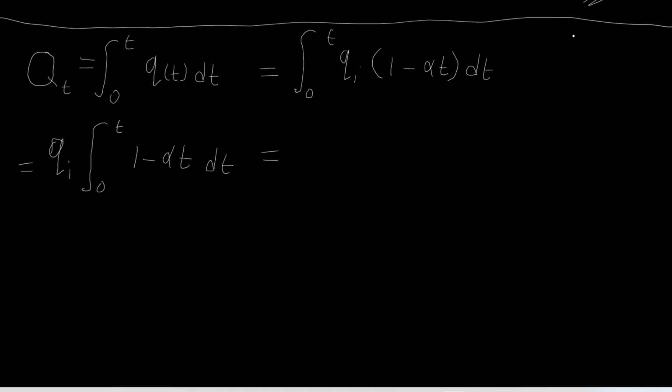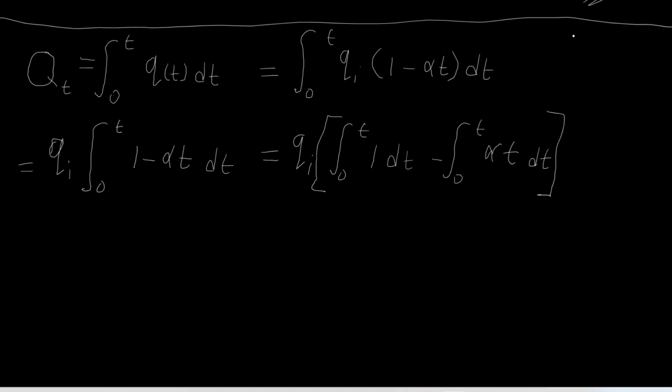When we do that, we have Qi multiplying everything, our integral sign of 1 dt minus integral sign alpha t dt, close brackets. Now the reason we separated, like I said earlier, is because of our minus sign.